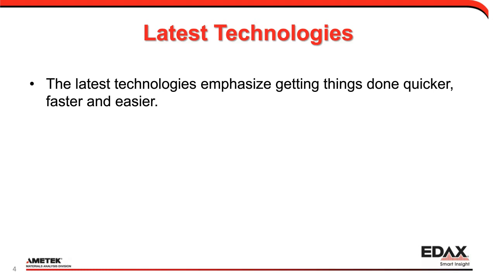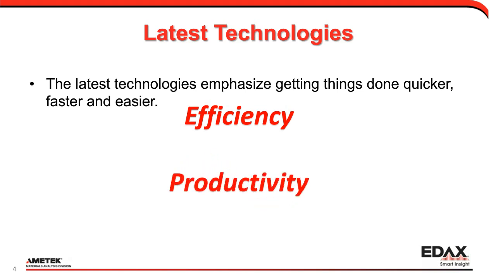How the technologies help make our jobs more efficient, how our detector collection efficiency impacts our analyses, and how we can increase productivity by speeding up the analyses and collection times or getting maps done more quickly. And finally, you may see some high-speed EBSD cameras, high-speed data collection, high-speed mapping.